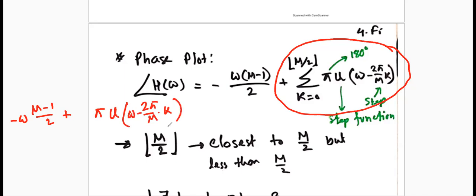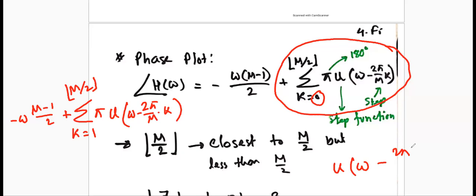For which value of k? We are starting with k equal to 0. You can neglect k equal to 0. You can even put k equal to 1 up to M divided by 2, the lower ceiling value. What does it mean? If I ask you to draw u of omega minus twice pi divided by 5 for a 5-point moving average filter, how can you draw this?